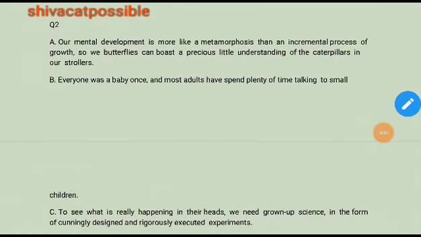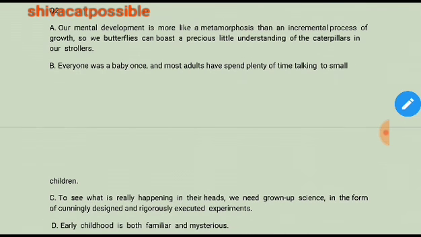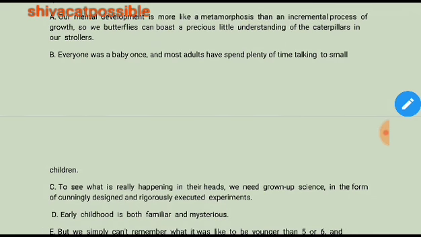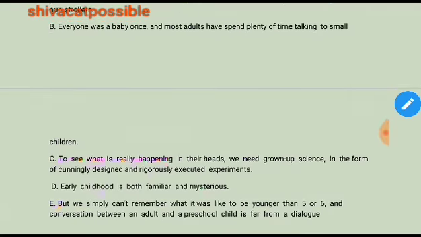Okay, for the second question, we will attempt this one. Option A is given: our mental development is more like a metamorphosis than an incremental process of growth. So butterflies can boast precious little understanding of the caterpillars in our strollers. Okay, it's discussing mental development. Everyone was a baby once. Most adults have spent plenty of time talking to small children.